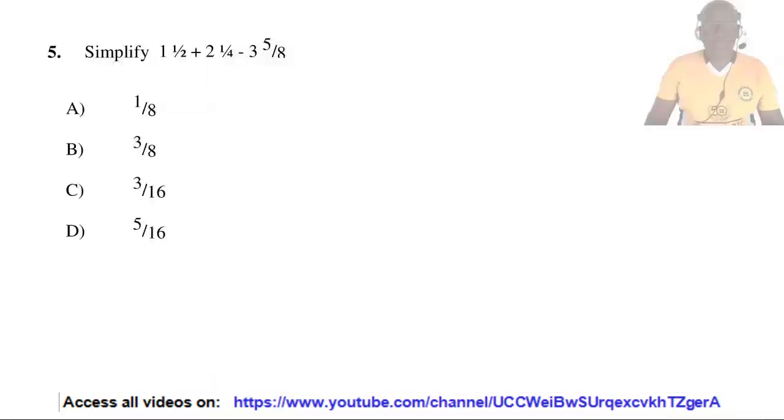Question 5. Simplify 1.5 plus 2 1/4 minus 3 5/8. That is 1.5 plus 2 1/4 minus 3 5/8.